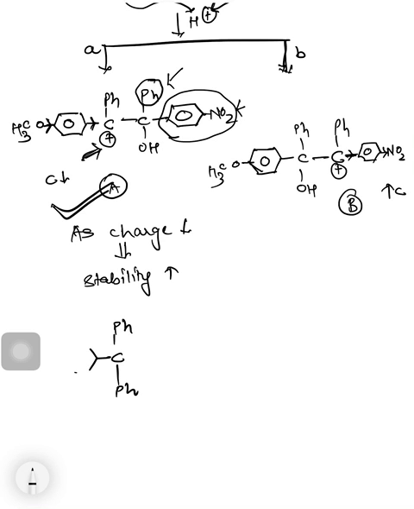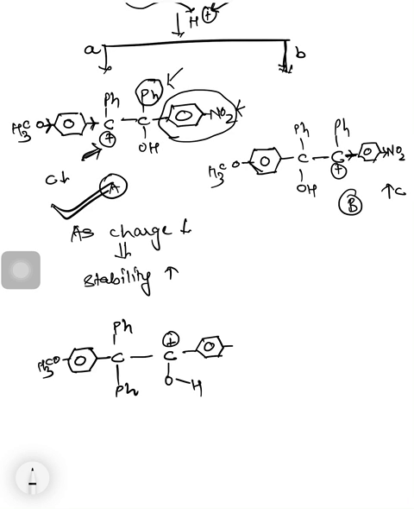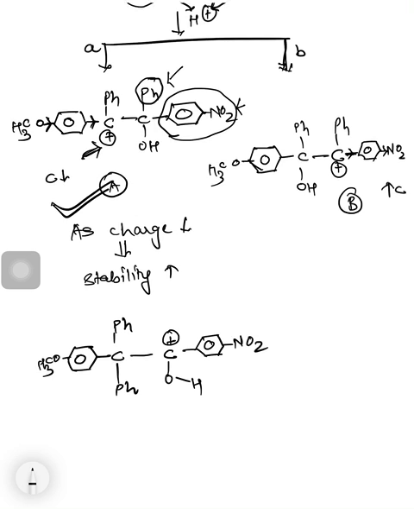The remaining structure I am rewriting the same. Here there will be an OCH3 group. Now after the migration of Ph, there will be a positive charge on the carbon with OH. I am rewriting it as a different atom. Now there will be an NO2 group.